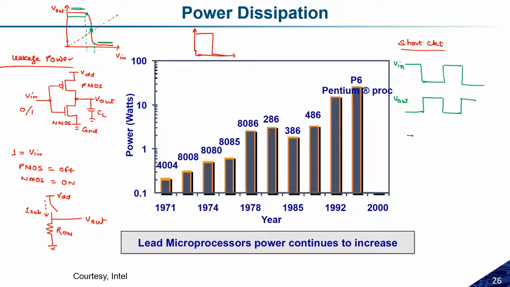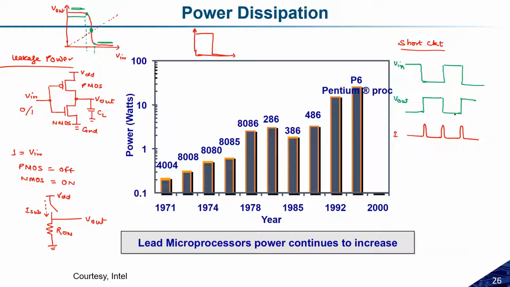Initially, I am assuming the current will be low, but during transition there will be a sharp peak of the current, then it will be low again, and then another sharp peak. So during every transition, there will be a peak in the current because both the transistors are in saturation, and because of these components, the short circuit power dissipation comes into the picture.